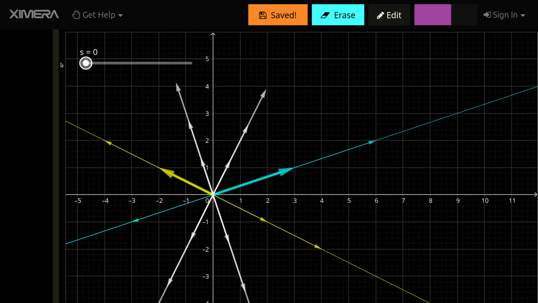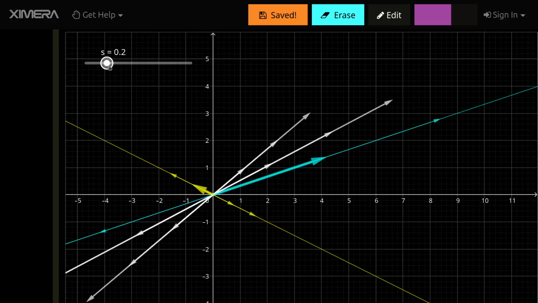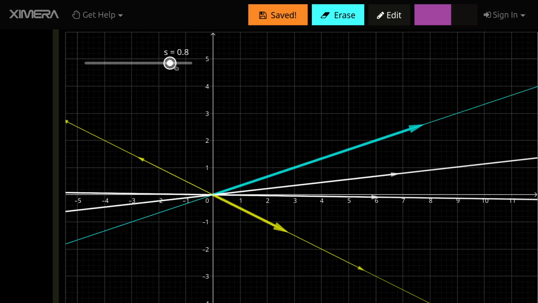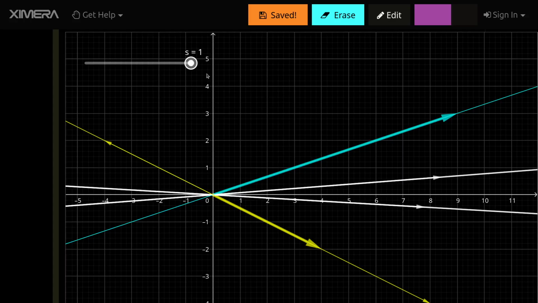Now, pay attention to the yellow and the blue vectors. I'm going to apply the same transformation. Notice the vectors stayed on the same line they started on. They may have grown longer, they may have flipped around, but they stayed on that same line.